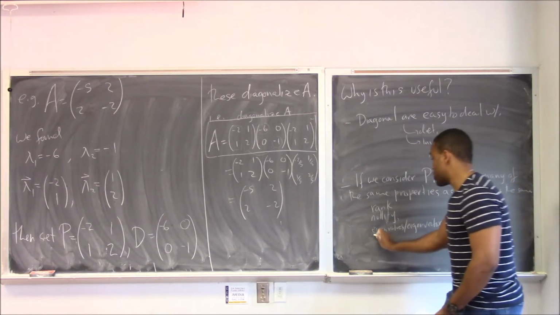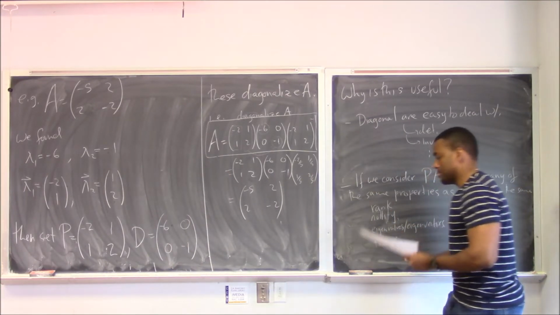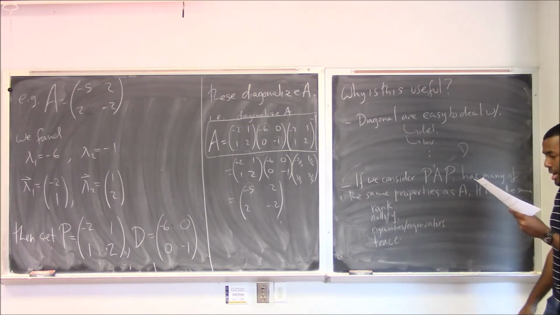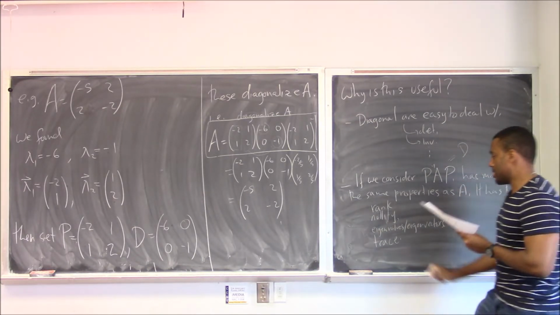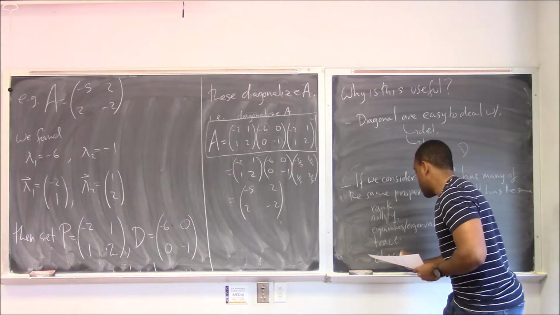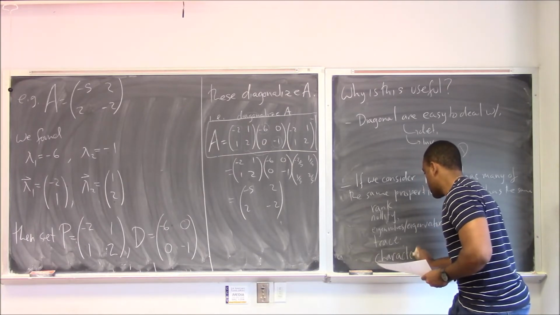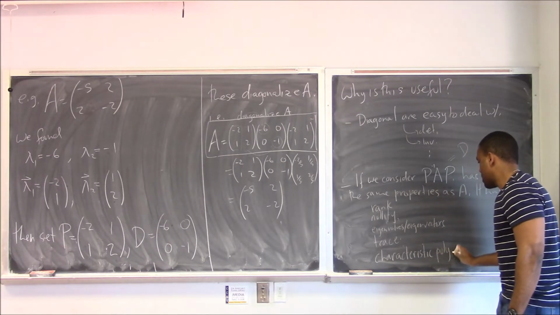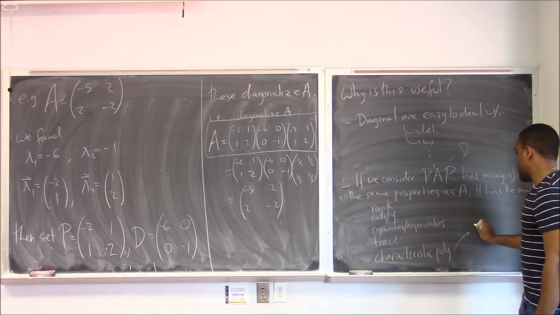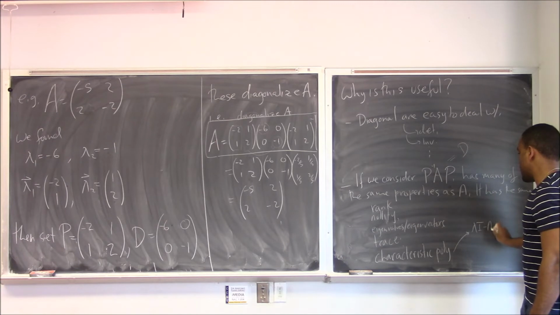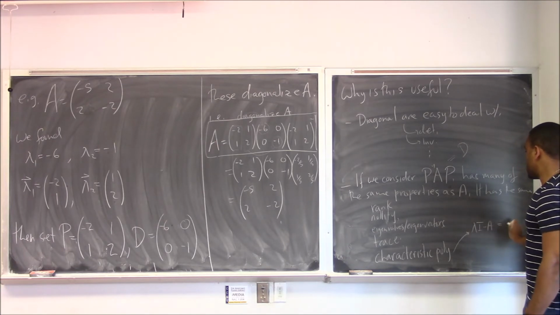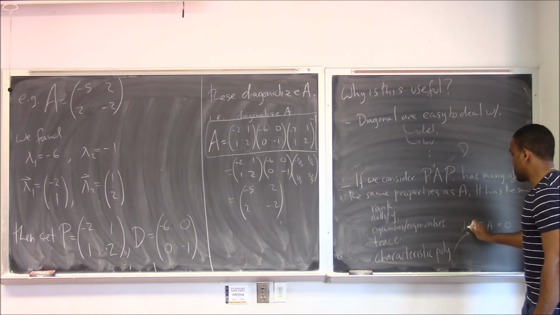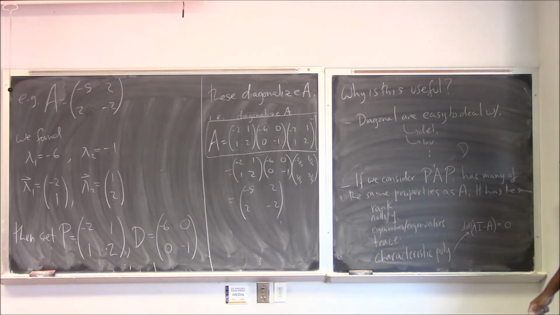It will have the same trace. It has the same characteristic polynomial. That's the polynomial from det(lambda I - A) = 0. The polynomial you get from that equation is called the characteristic polynomial.